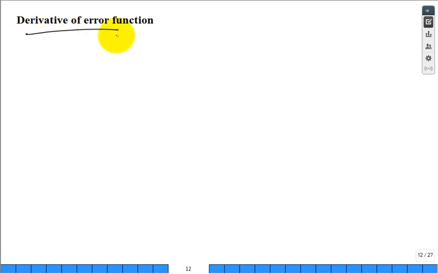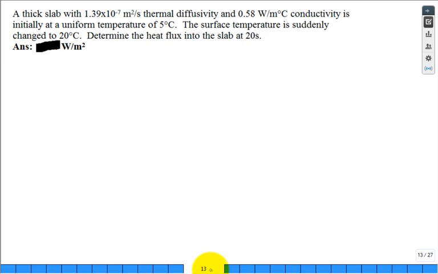We already knew how to take the derivative of the error function. We just did that. Okay. You have the same slab, thermal conductivity, thermal diffusivity, the same uniform initial temperature of 5 degrees that suddenly changed to 20 degrees. Determine the heat flux into the slab at the time of 20 seconds. How would I do that again?